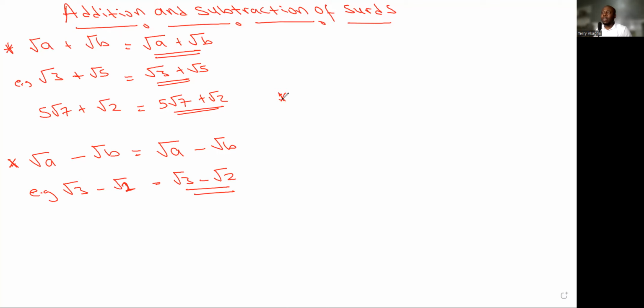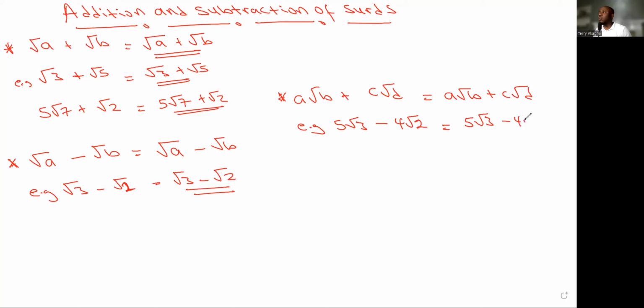Now, in some cases, you might see the surds in the form A root B plus C root D. Still, they are different, so the answer remains A root B plus C root D. Even if you have something like 5 root 3 minus 4 root 2, the answer is 5 root 3 minus 4 root 2. If the surds are different, you don't do anything, even if it's subtracting A root B minus C root D, because the surds are not the same.